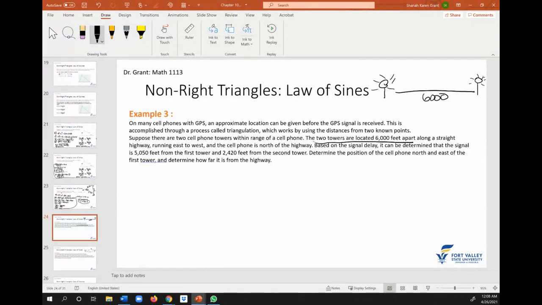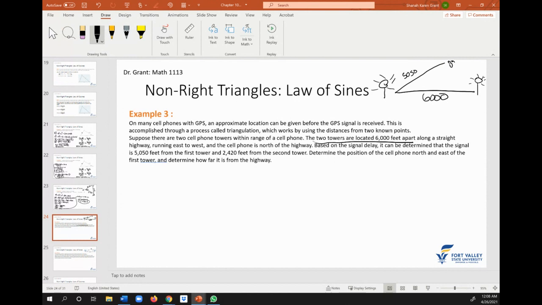Based on the signal delay, it can be determined that the signal is 5,050 feet from the first tower. So let this be my first tower. So that means this is 5,050 feet away. So this is my cell phone. Now, something like so. That's my cell phone.